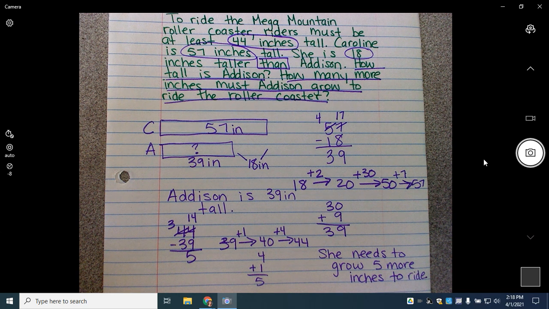All right. As always, if you need more time, you can always pause. That was two questions. That means we had to do two different things to find out if Addison could ride and how much taller she would need to be to ride the roller coaster.